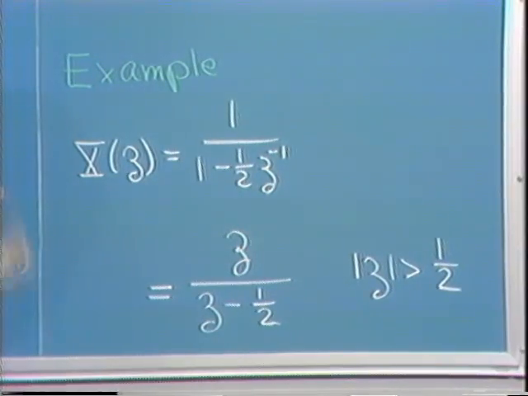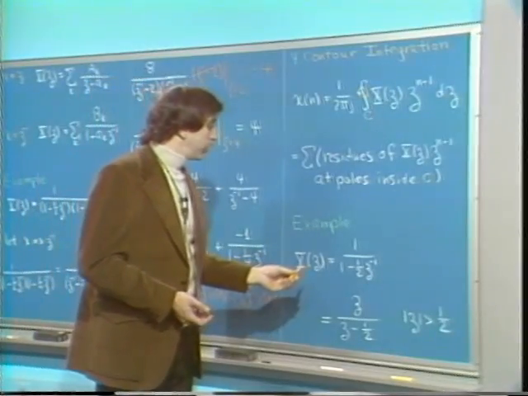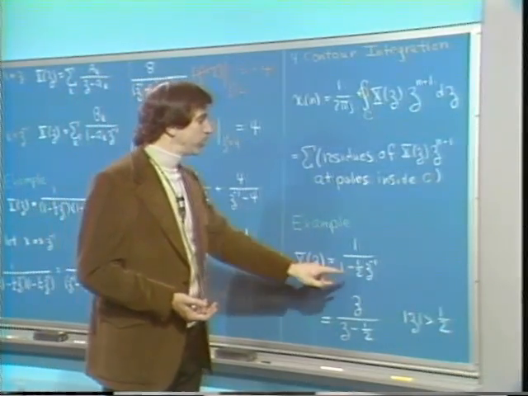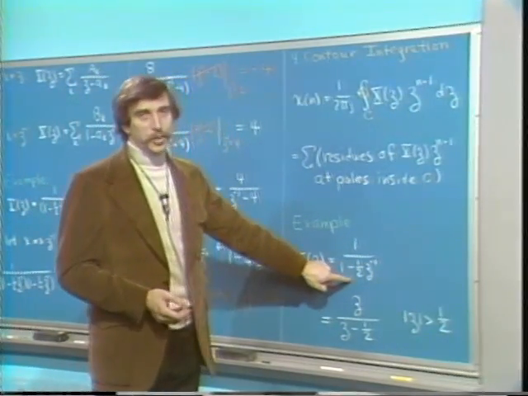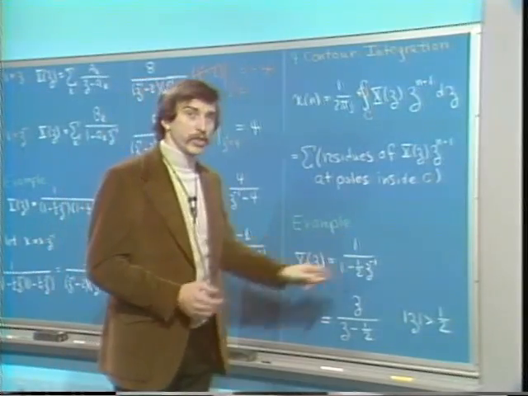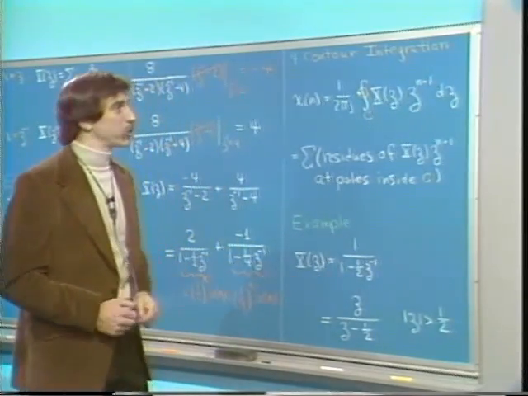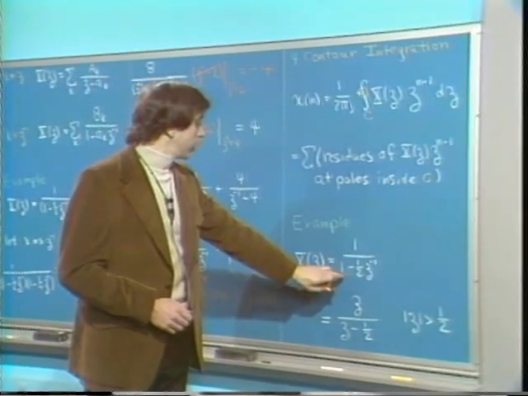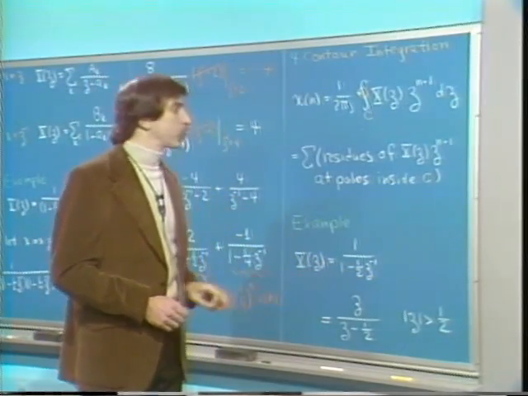And by the way, by now, if there's one thing you should have gotten out of these lectures, it certainly should be to be able to recognize what the inverse Z transform of this is. It's an example that I guess we've bounced around so many times. All right, let's look at this Z transform.